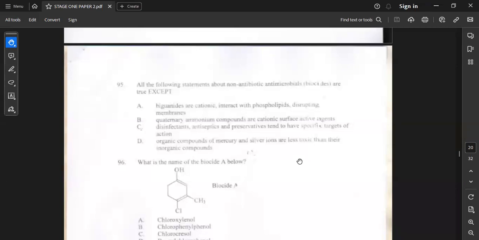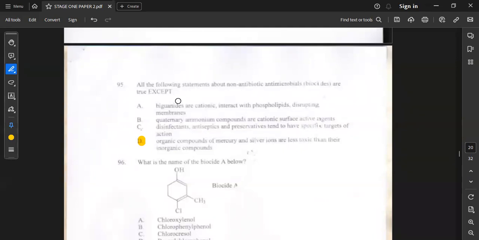Yeah, I think D is false, because if you compare inorganic mercury salts, the most toxic form of mercury is usually the organic form, which is more toxic than the inorganic ones. The inorganic ones used for filling the teeth are usually less toxic compared to the organic forms. So D is false. Yeah, that's true.